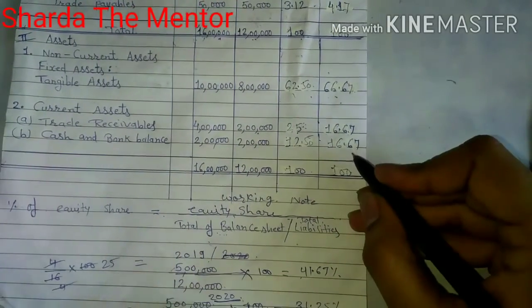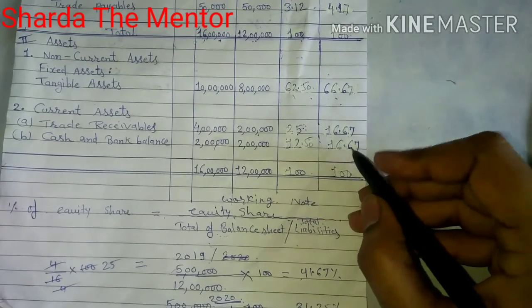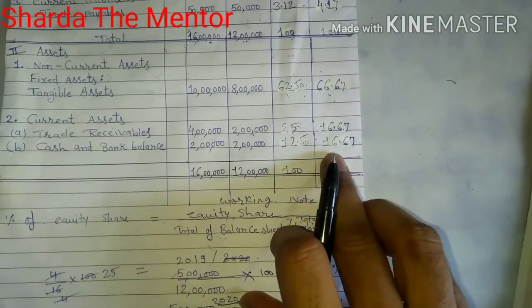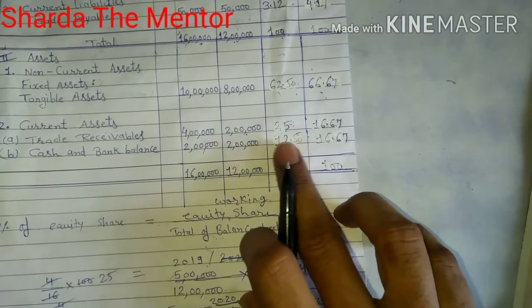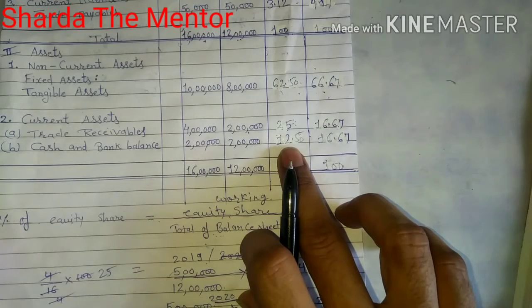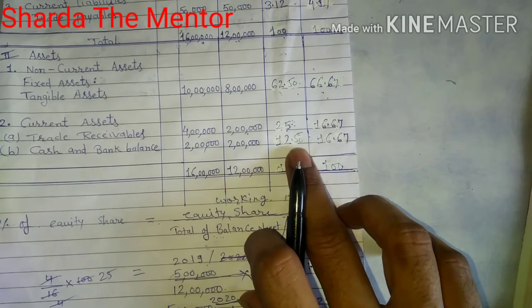And in the same way, cash and bank balance was 16.67%. Here you can see that both amounts are the same, but on the basis of the statement you can find out that earlier it was 16.67% but now it is 12.50%. So if cash is less, it shows less liquidity in your company, so that is not good.